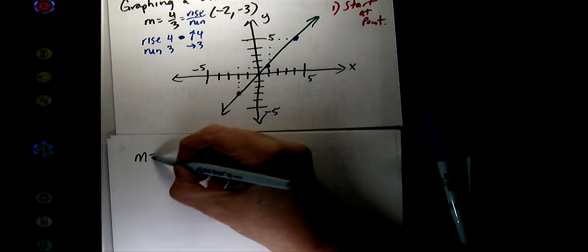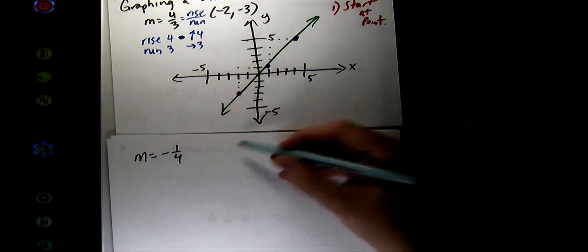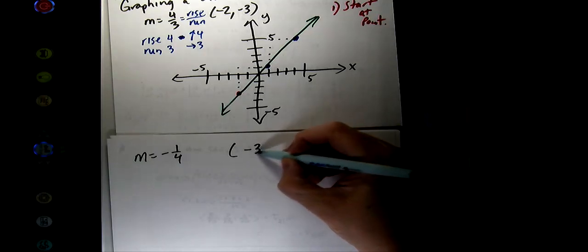M equals -1/4. And we'll start at the point -3, 2.